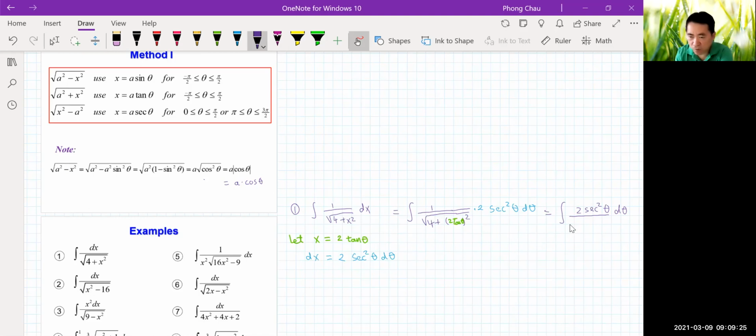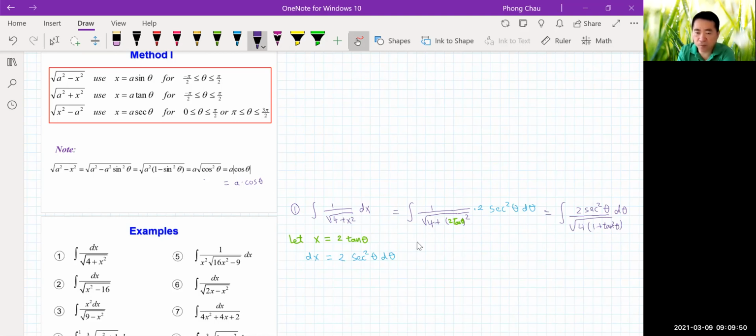So it will be square root of 4 plus 4 tangent squared. So I can take out the 4. See that? 4 plus 4 tangent squared, take out the 4, it becomes 1 plus tangent squared.